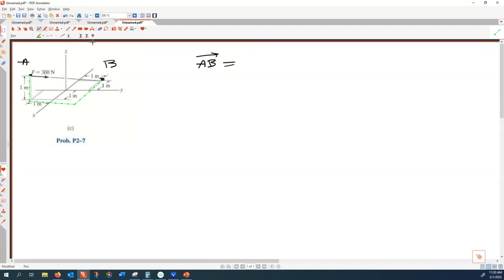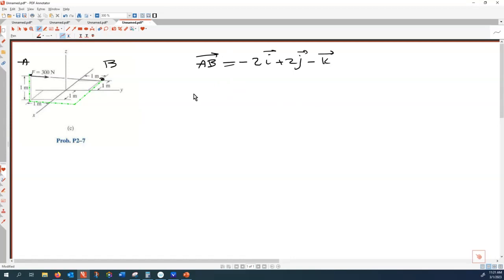So that is minus 2i, positive 2j, and negative k. Is that right? Yes. Okay.